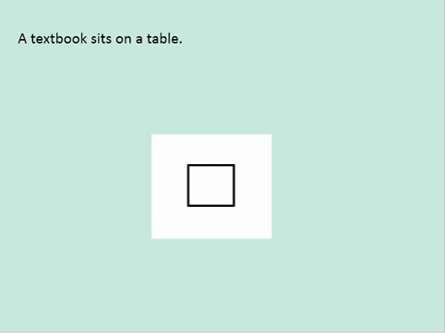How about a textbook sitting on a table? So now again, always that textbook is going to have a weight. It's going to experience some force due to the gravity of the earth. And because we know that the textbook is just sitting still, we know that there's no change in its motion. We know that all the forces must be balanced.